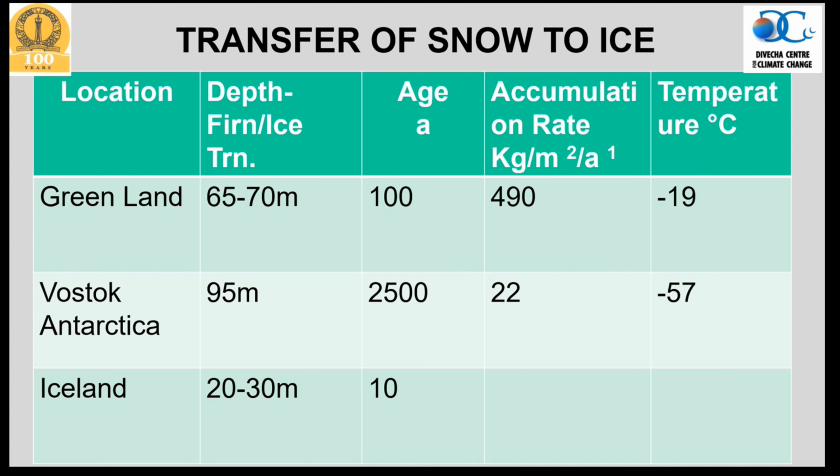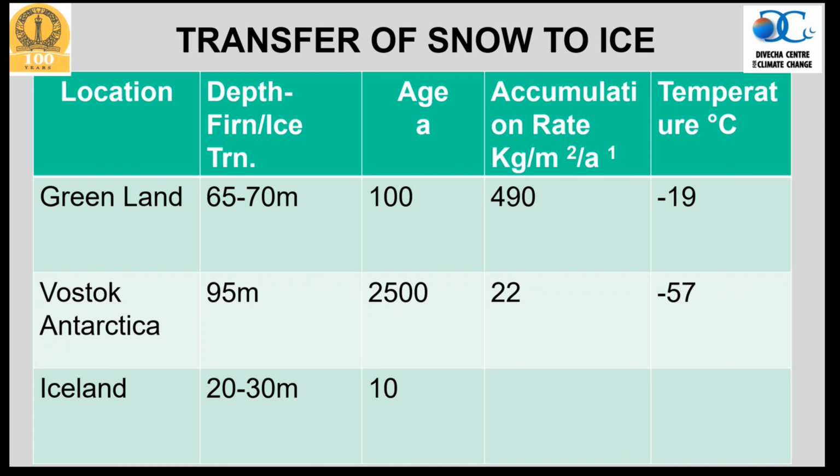It takes approximately 100 years, the temperature is around minus 19 degrees Celsius, and the accumulation rate is approximately 490 kilograms per square meter per year. That is how snowfall takes place.